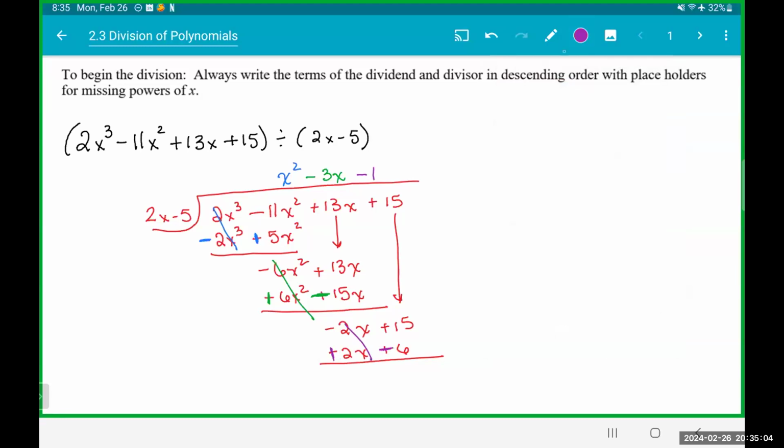And I have 15 minus, not 6, this is a 5, sorry. 15 minus 5 gives me a positive 10. And so this here is my remainder. So I would write this as x squared minus 3x minus 1 plus 10 over 2x minus 5.